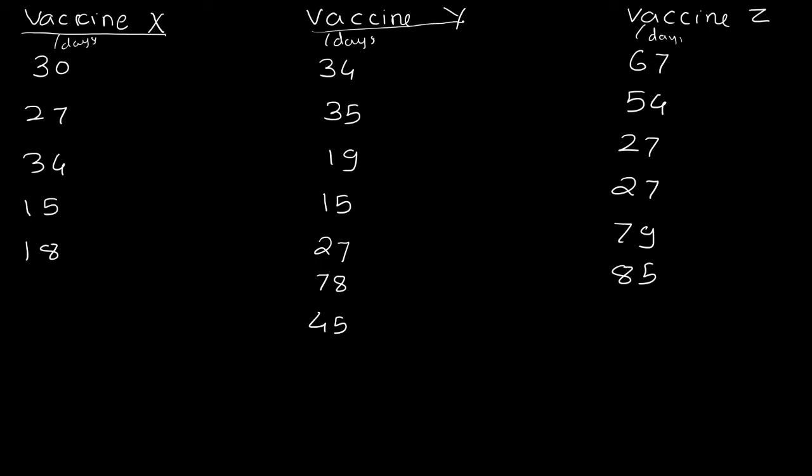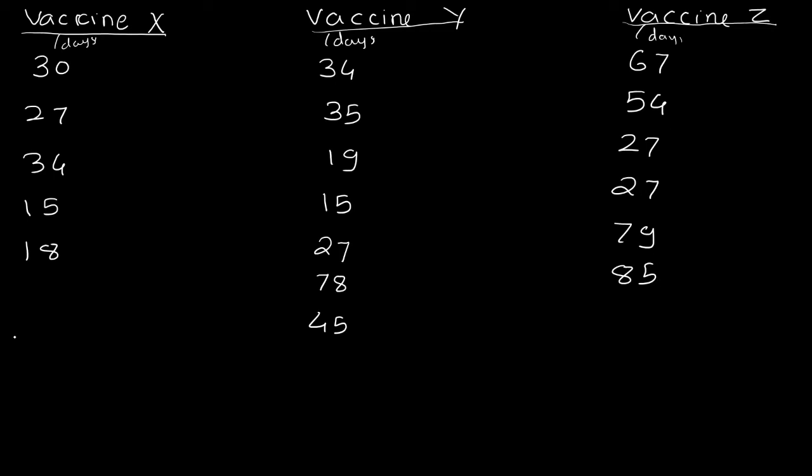Now vaccine Y was tested on 7 different people. The first person took 34 days, the next took 35 days, the next 19 days, etc. Similarly, vaccine Z was tested on 6 different people.